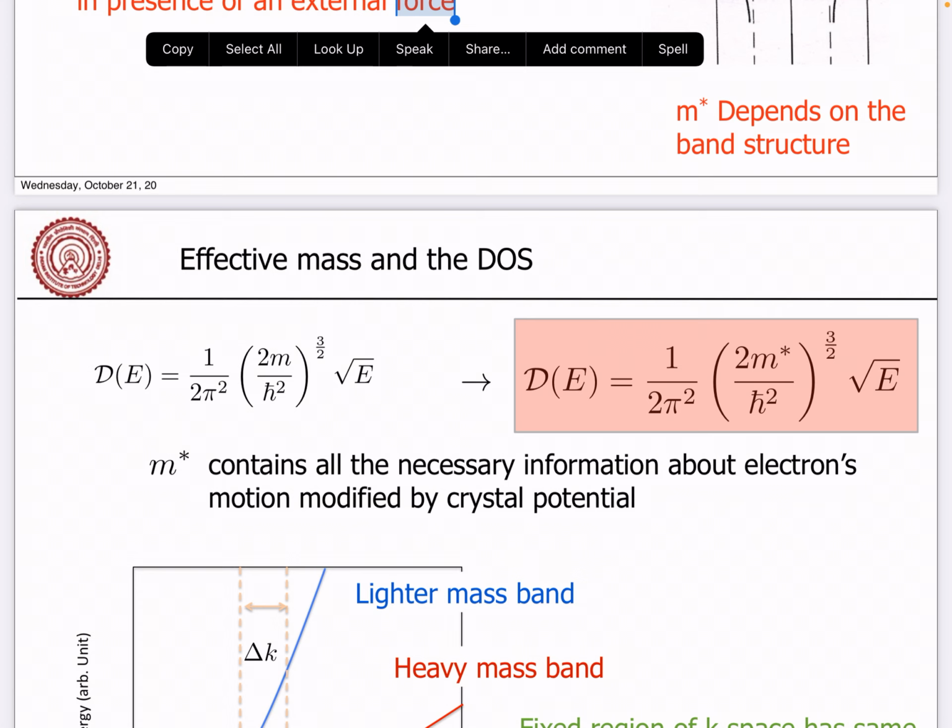And what we see here is that the effective mass can be different for different materials having different band structures, so the electrons can have different masses depending on the band structure of the solid. So m star contains all the necessary information about the electron's motion that is modified by the crystal potential, right?